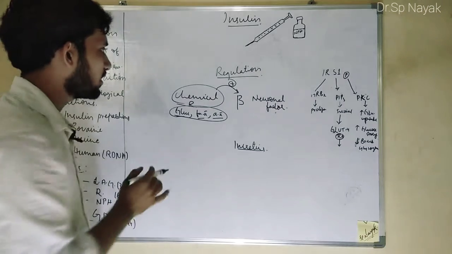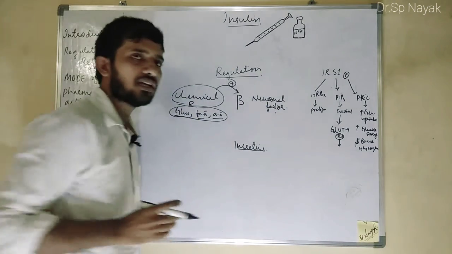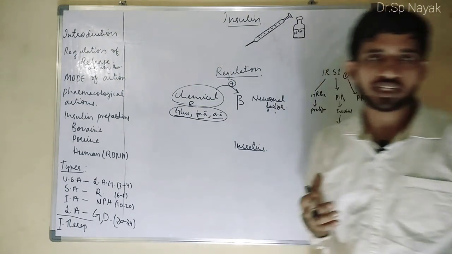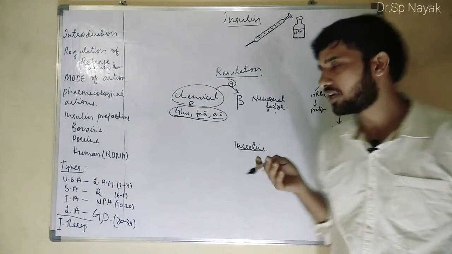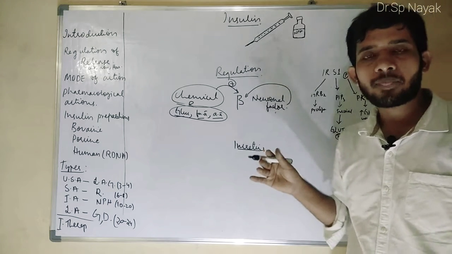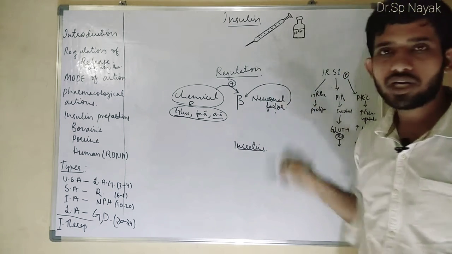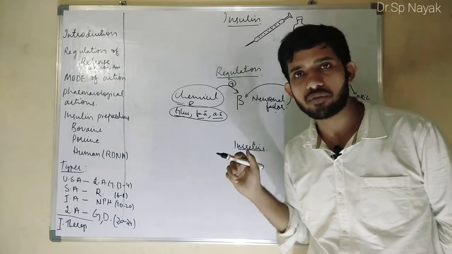This is one factor. And the neuronal factor is, we have sympathetic and parasympathetic nerves which are innervated to the pancreas. They also have the activity of increasing or decreasing the synthesis of insulin from the beta cells. So even they will regulate the synthesis or inhibition of insulin from the beta cells.